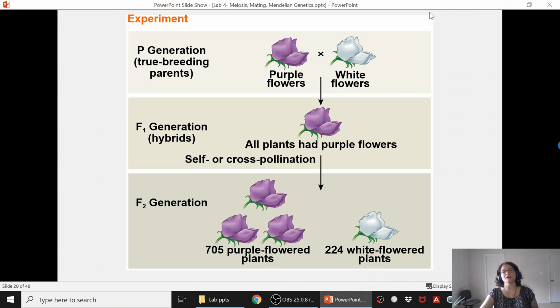So here's what he would find. First iteration, he would cross these, take the peas from the pods, and grow only purple flowers. He would let these self-pollinate, and their offspring were always 3/4 purple and 1/4 white. So what was happening here?